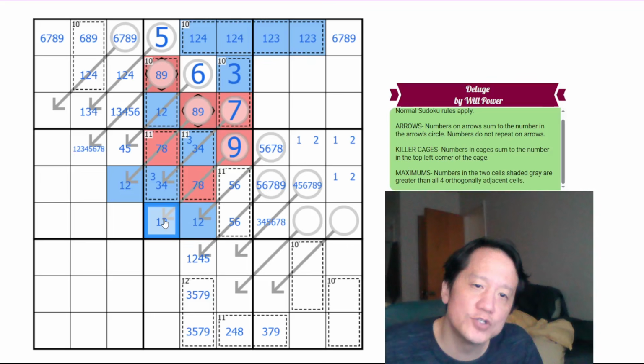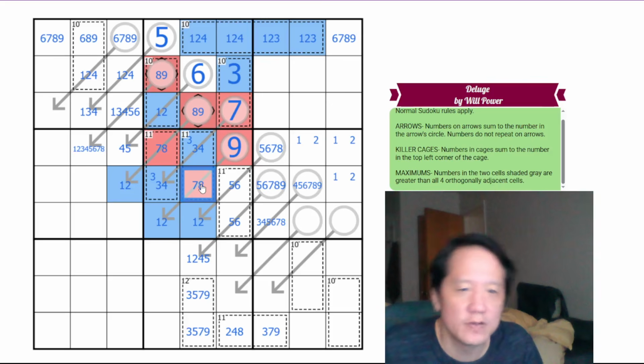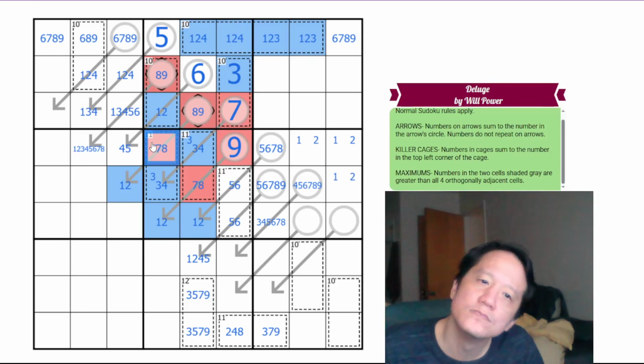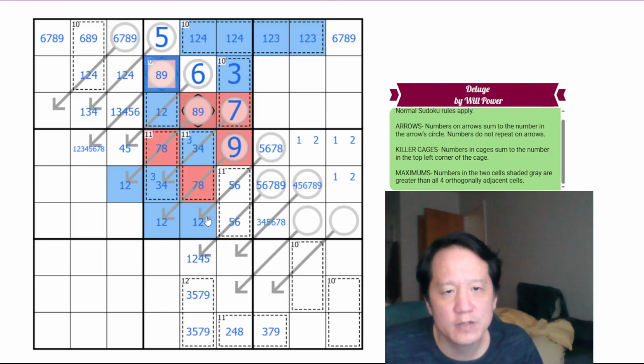If this is 2, this would be 7 to add up to 9, and this would be 8. Which would make this 1, 9. Oh, okay, that would be problematic.